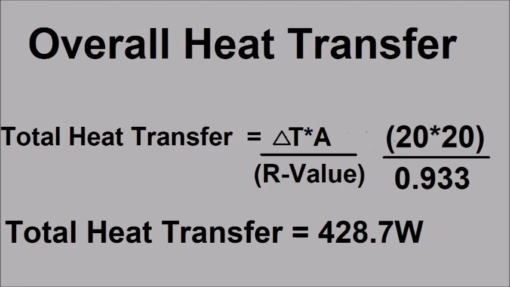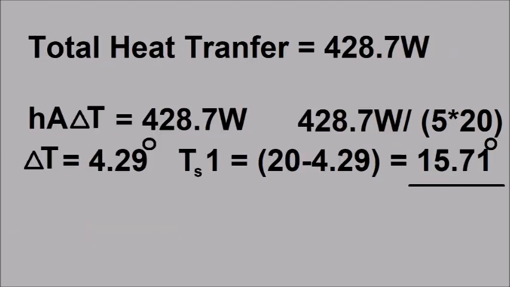Now that we know how much heat is traveling through the wall, we can determine the temperature of the surfaces. Let's look at the inside surface first. Since we know that the heat transfer coefficient times the surface area times the change in temperature equals the total amount of heat traveling into the wall from the air, and since we know that the heat transfer coefficient is 5 watts per meter squared Kelvin, and the area is 20 meters squared, we can solve for the change in temperature by dividing 428.7 by 5 and by 20.